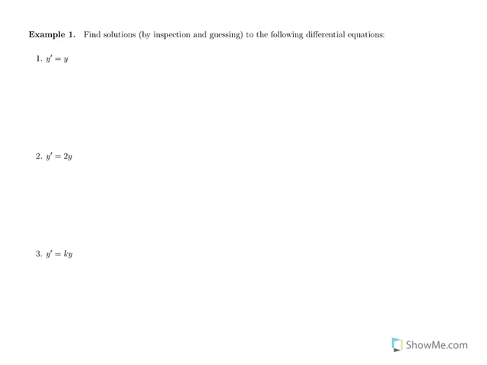Noting that the first one is something that we saw in the first week of material for this chapter. For the differential equation y prime equals y, the solution is a function. We're going to call that y equal to a function of x.